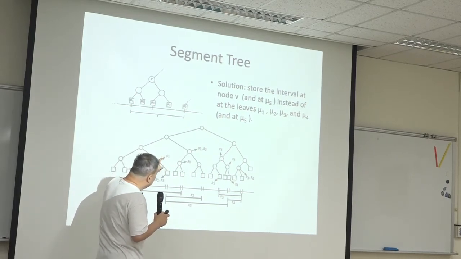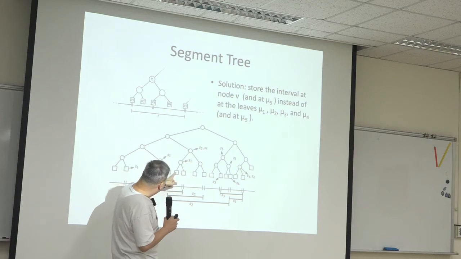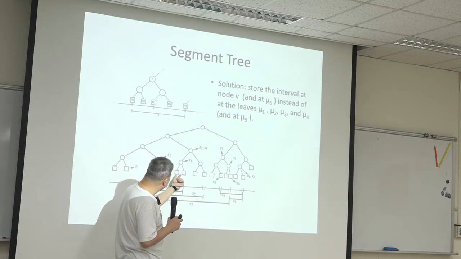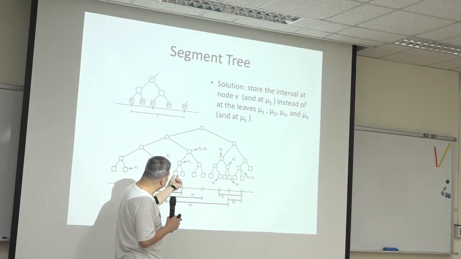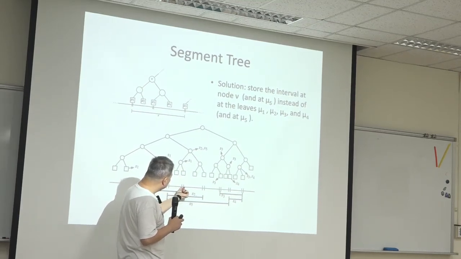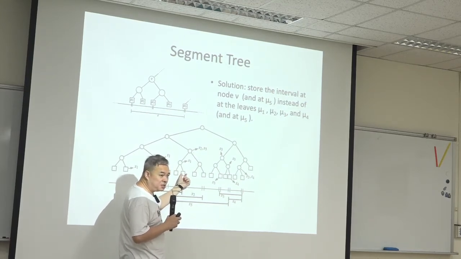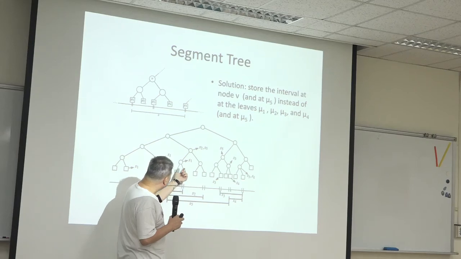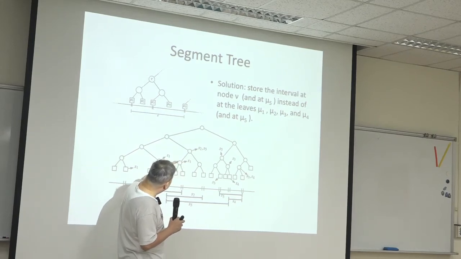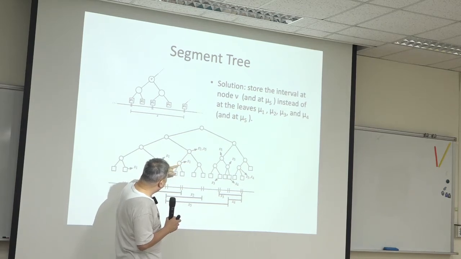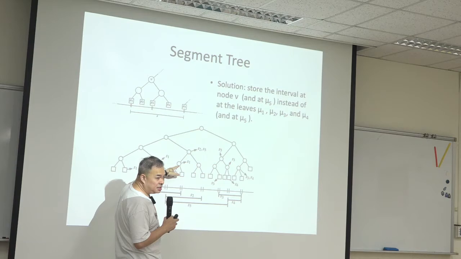For the same reason, you can see this region and this region. This region is the elementary interval for this leaf node, and this point region is the elementary interval of this leaf node. So the collected interval will be the corresponding interval for this internal node.